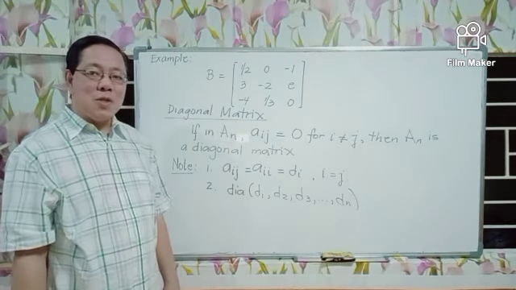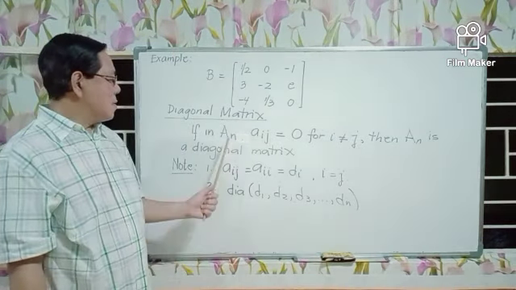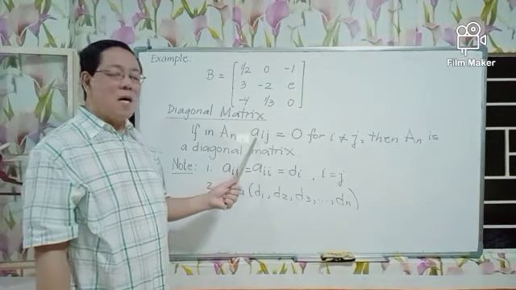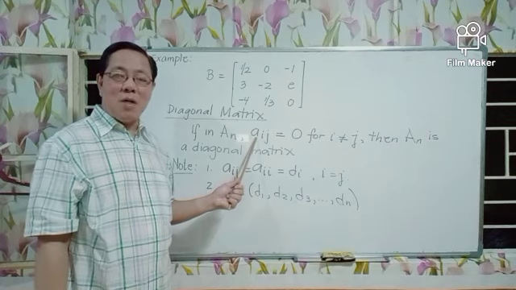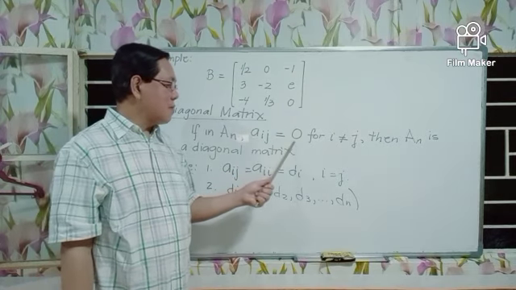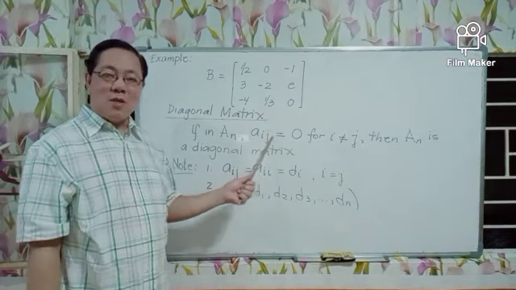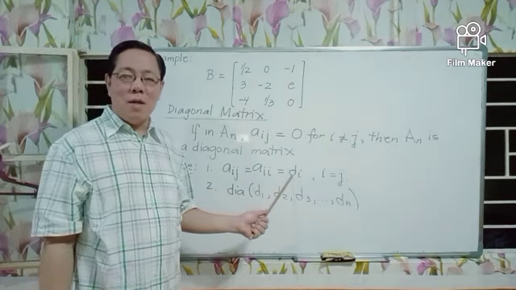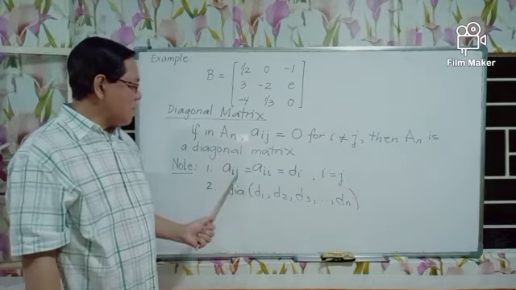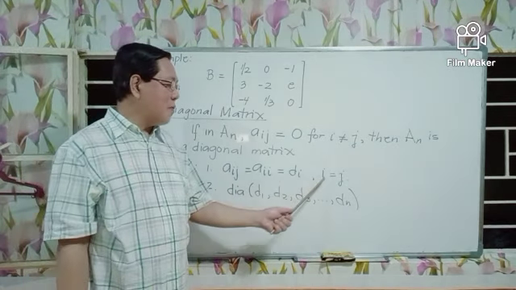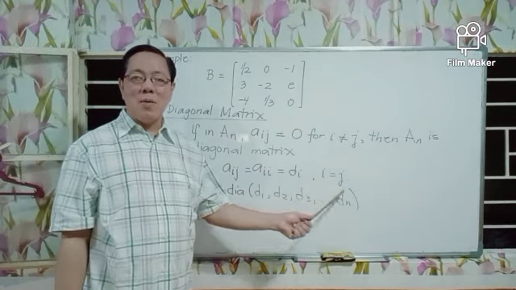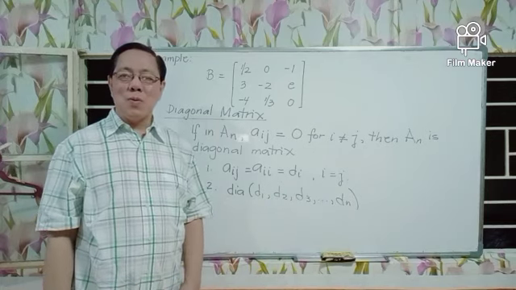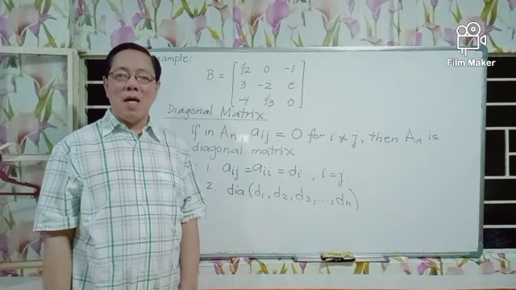Now, in addition to the diagonal matrix property that the non-diagonal entries are 0, if in addition to this condition, the diagonal entries are all 1, which means a sub ij is equal to 1 for all i equals j, those are the entries a11, a22, a33 up to ann.